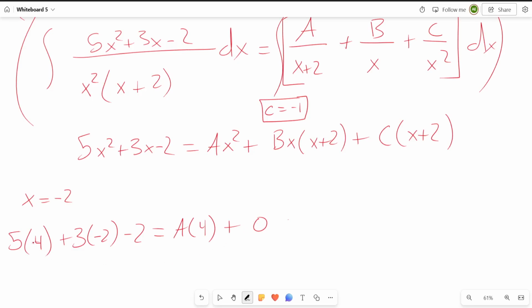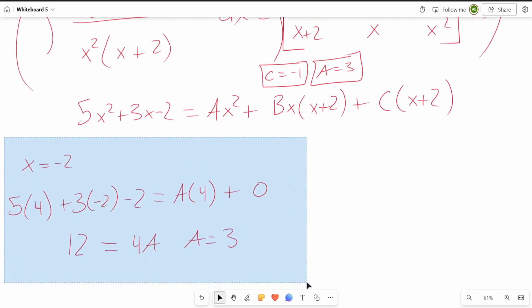So 5 times 4, that is 20. 20 minus 6 is 14. 14 minus 2 is 12, which is equal to 4a. This gives an a value of 12 over 4, which is 3. So a equals 3.